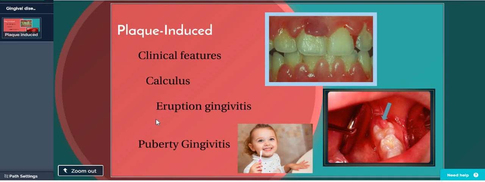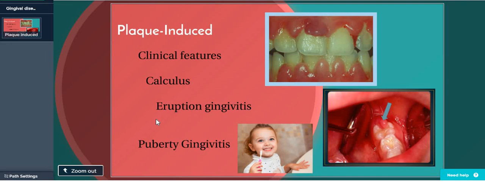There will be red linear inflammation, accompanied by swelling, increased vascularization, and hyperplasia. Bleeding and increased pocket depth are not found as often in children as in adults, but may be observed if severe gingival hyperplasia or hypertrophy occurs.